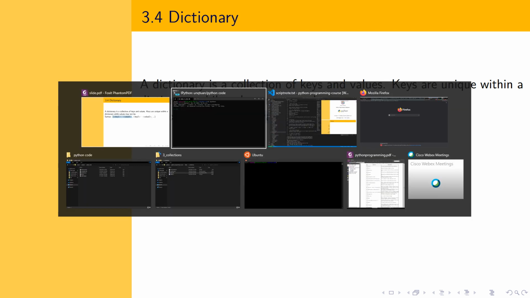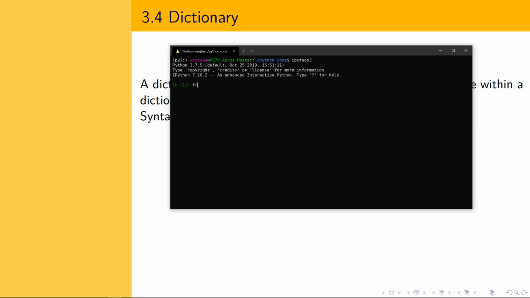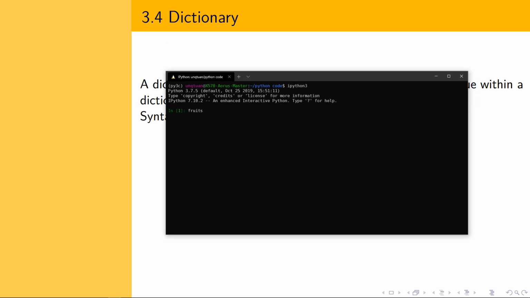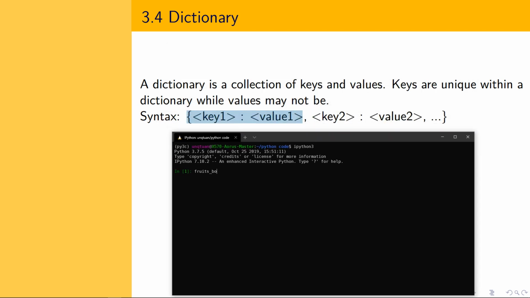So for example, we have a fruit box equal to curly brackets. Let's say that in the fruit box you have fruit, and you also have the number of each fruit. For example, apple, you have 5 apples, and the orange you have 6, and lemon you have 15.